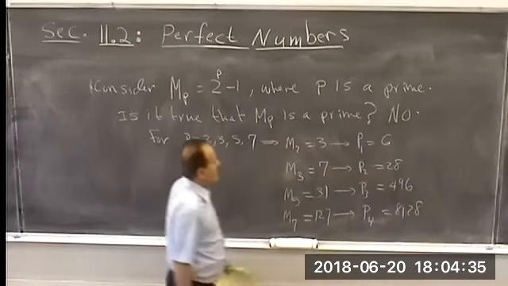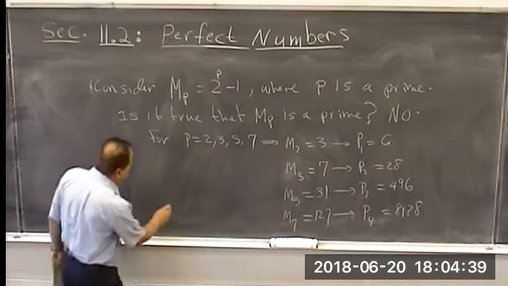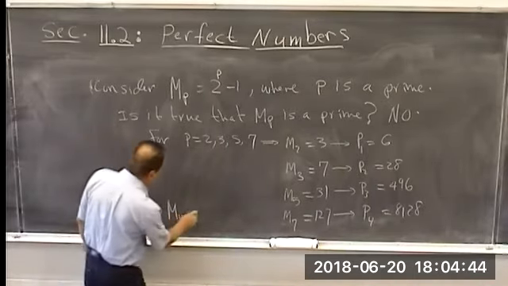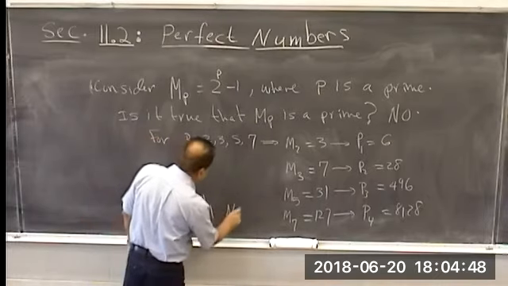All right? Then what about 11, which is the next prime? This one is 2^11 minus 1. This is not a prime.